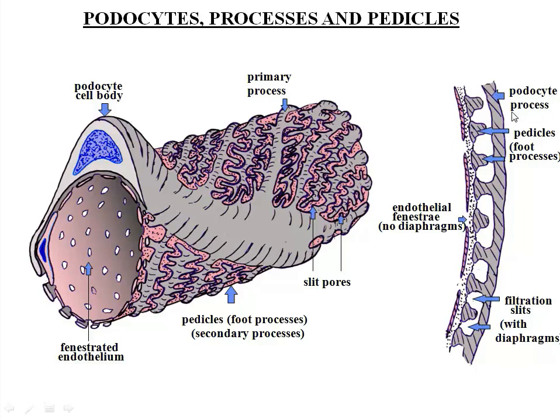Now, how do these podocytes serve? The podocytes form the processes, the foot-like processes or pedicels, which get sprayed over the surface of the capillary, and that forms the filtration slits with the diaphragms of opening and closing structure. So how much plasma should enter into the Bowman capsule is regulated by these podocytes.